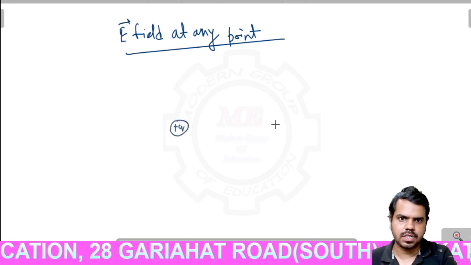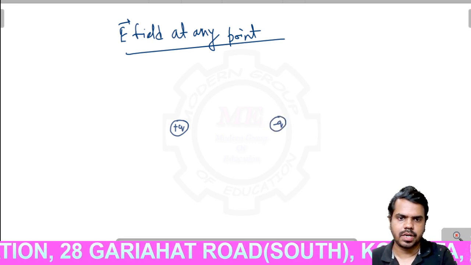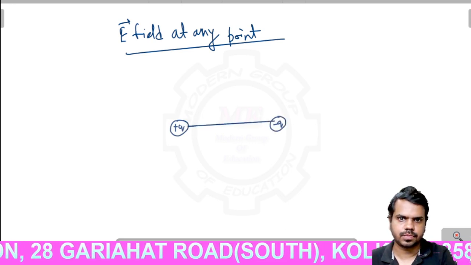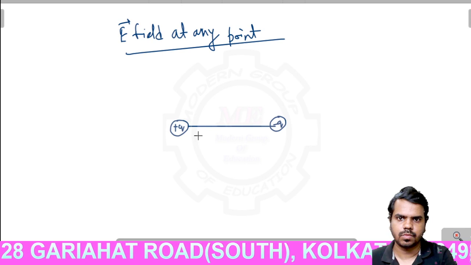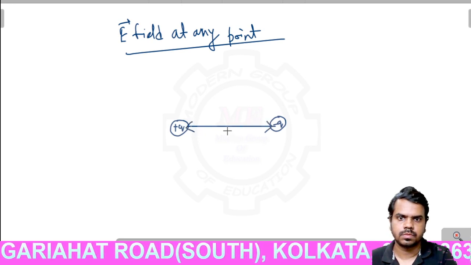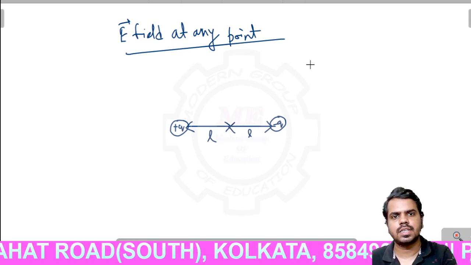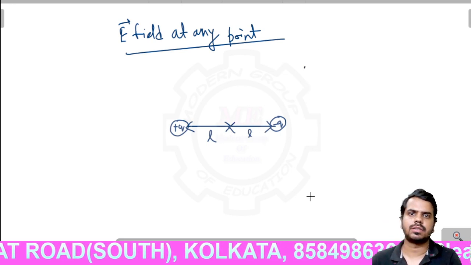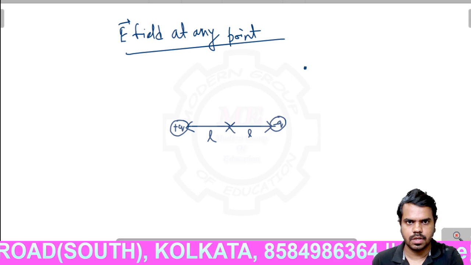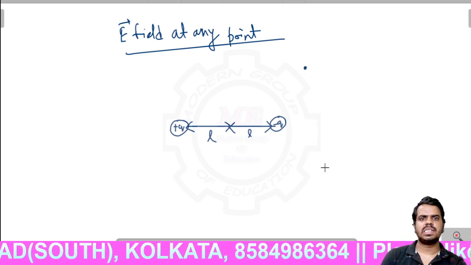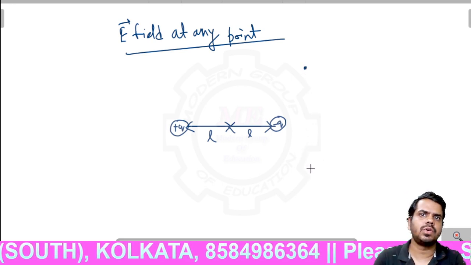Again, this is the plus charge and minus charge separated by 2l distance. This is the center of the dipole. Say this point is in this direction. This is not the axial point or the equatorial point.